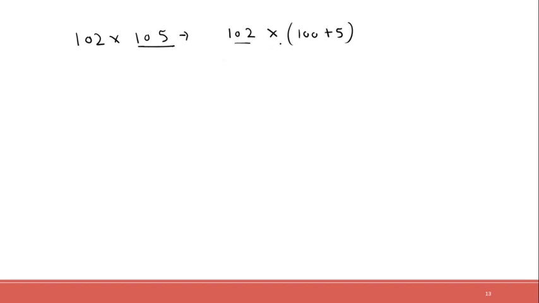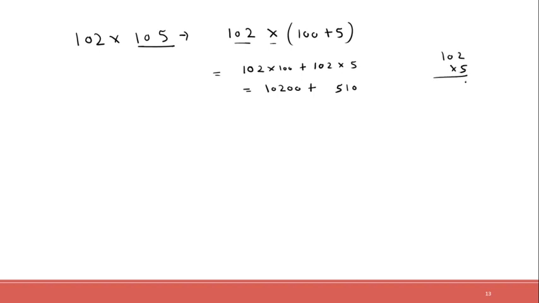Now 102 is in multiplication with this bracket. So we can write it 102 into 100 plus 102 into 5. So it became 10200 plus 5 into 2, 10, 5 into 1, 5. This is how we do it.